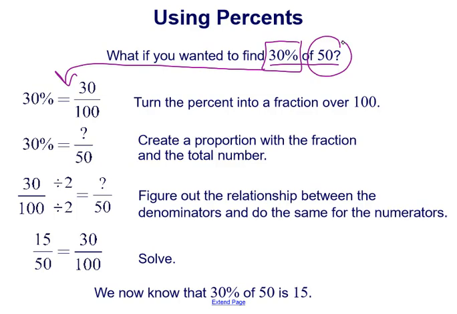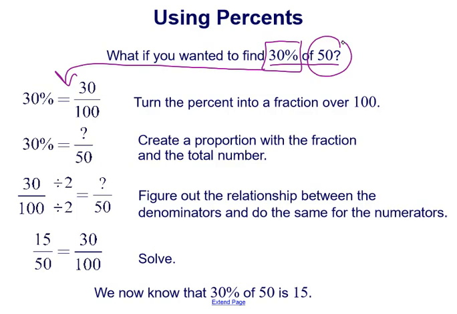So again, we're rewriting 30% as 30 over 100, equals something over 50. So now we need to figure out the relationship between the denominators, since we have both of our denominators. We have the 100 and the 50. So we can then apply that relationship to the numerators.